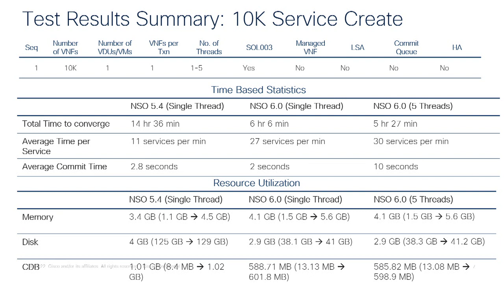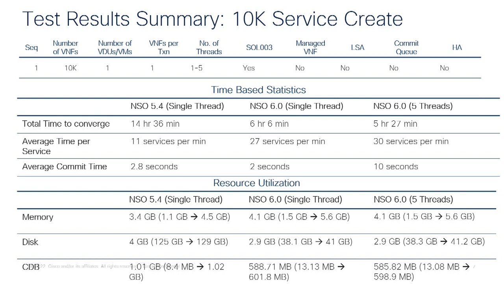Also, you can see that there's not much difference between convergence time of single thread versus 5 thread. It's almost similar, and that is because this particular service, NFVO service, relies highly on redeploys of a service, and redeploys are by themselves parallelized with NSO 6.0.